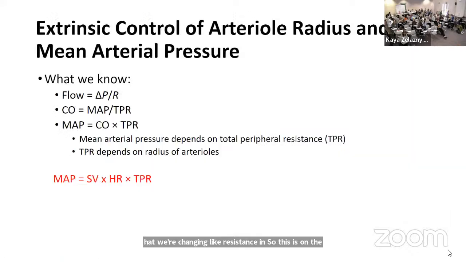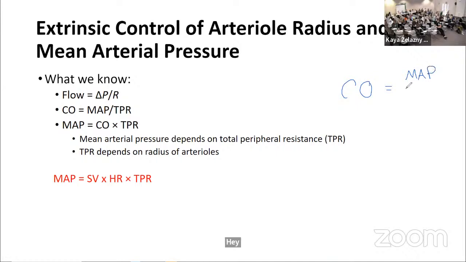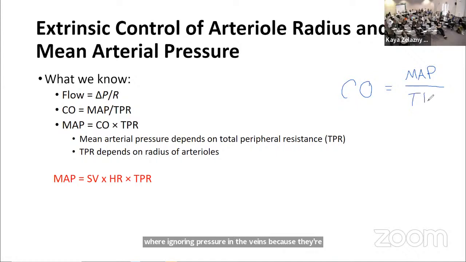Okay, so this is basically what we were predicting. We had our flow rule, and we set it up with our actual variables. So our cardiac output is equivalent to our mean arterial pressure, because we're ignoring pressure in the veins because there almost isn't any, over our resistance, our TPR.